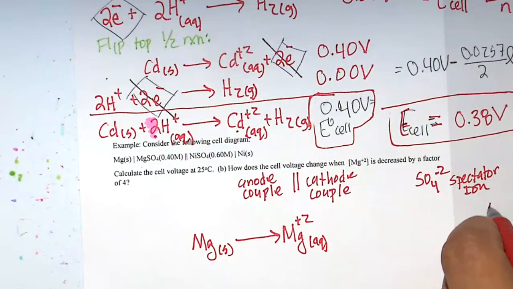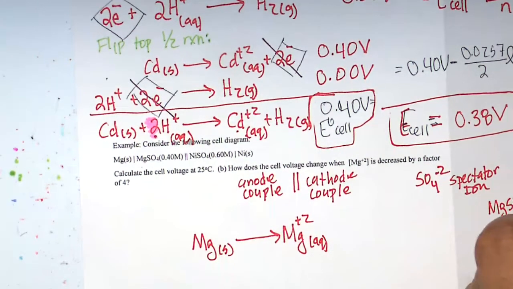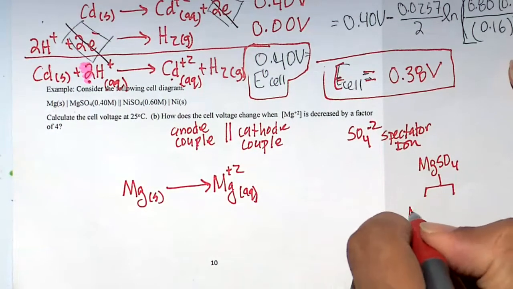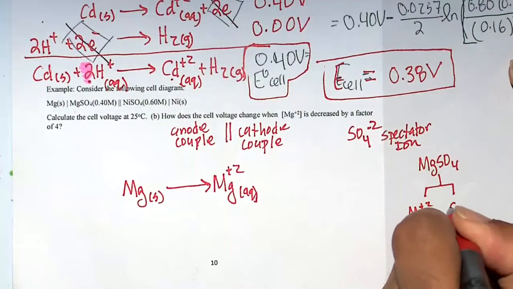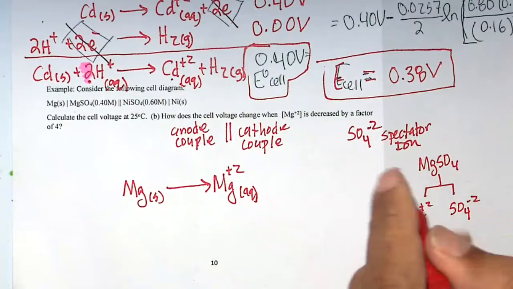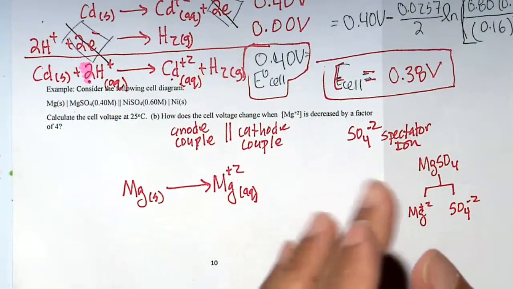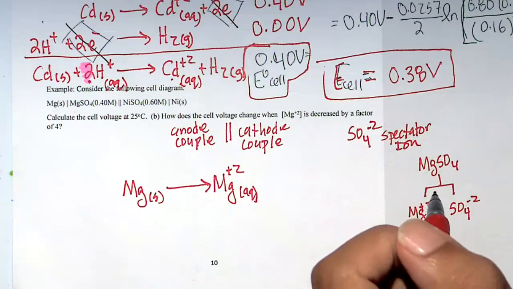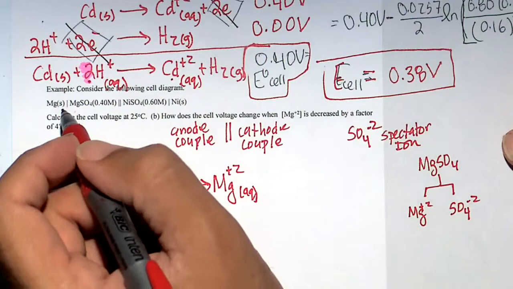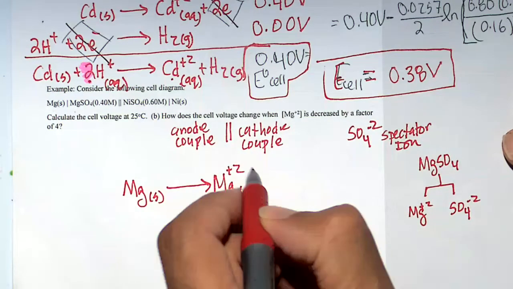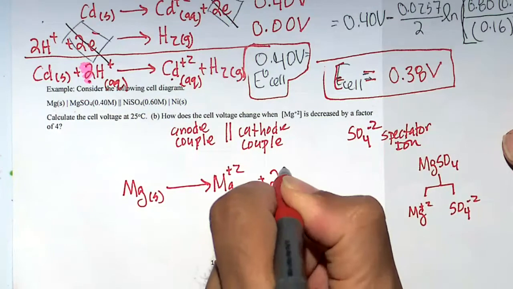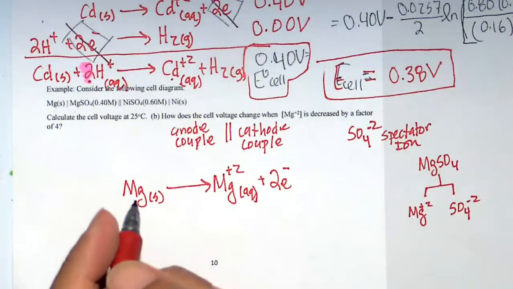Remember, magnesium sulfate in water is nothing more than Mg plus 2, and then the SO4 minus 2 is just an ion in water, not really doing anything. We call that a spectator ion. All right, so that's our anode couple. Let's balance this. How many electrons and where? 2 electrons on the product side.